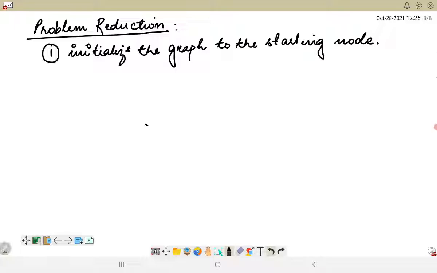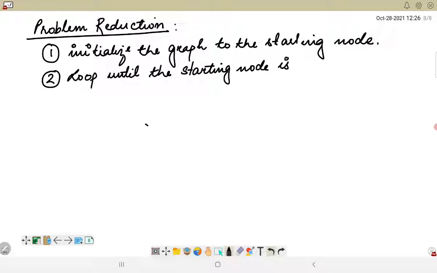Then the second step is we will loop until the starting node is labeled as solved. That means we solved the goal.